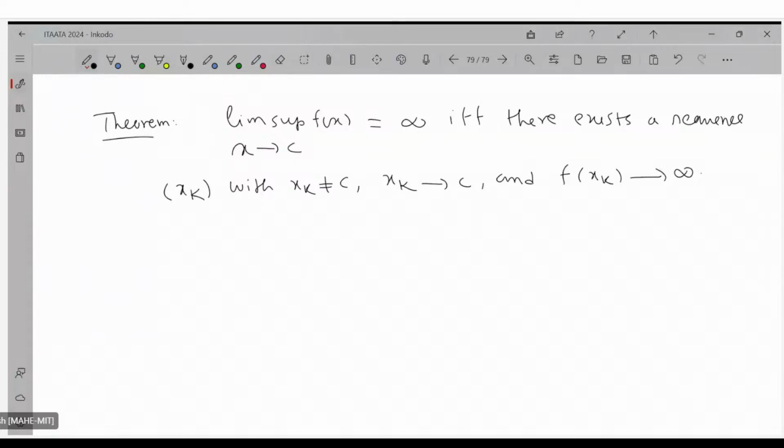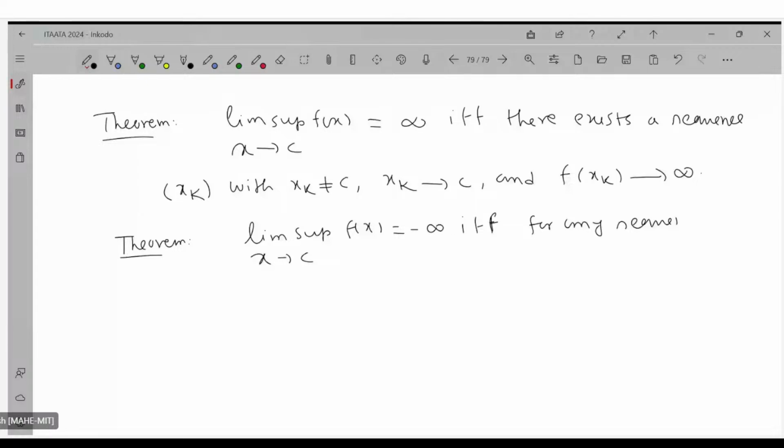What about if the lim sup as x tends to c of f(x) is minus infinity? That happens if and only if for any sequence xk, with xk not equal to c, xk converges to c, f of xk converges to minus infinity.